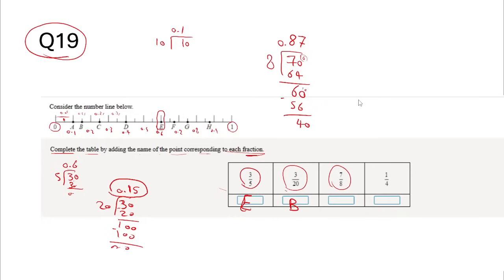This would be 40. It would be 5. So this one would be 0.875.